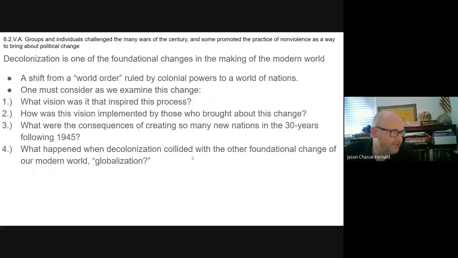Okay, all right, so let's look at this and how they all are intertwined. One good thing to point out here is, if you ever have to write an LEQ or DBQ about globalization, then decolonization provides a very good point for contextualization. If you ever have to write a DBQ or an LEQ about decolonization, globalization does provide some good sourcing, possible contextualization for that as well.